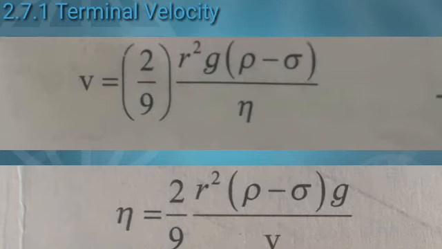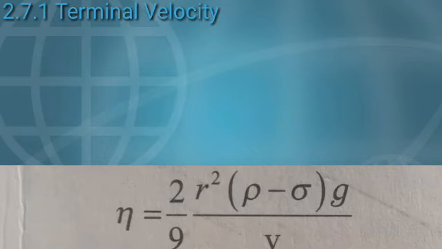Here v is terminal velocity, r is radius of the sphere, g is acceleration due to gravity, rho is density of the sphere, sigma is density of the fluid and eta is coefficient of viscosity of the fluid. We can see one simple example based on this formula.